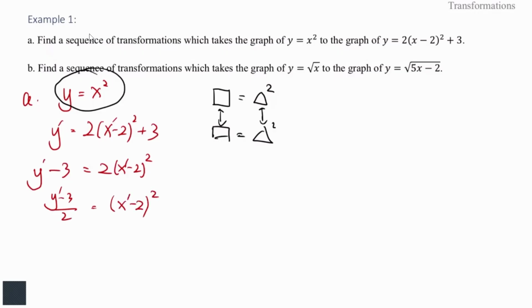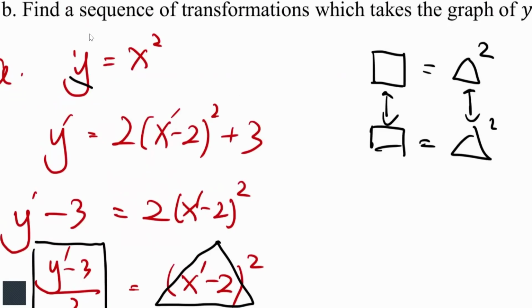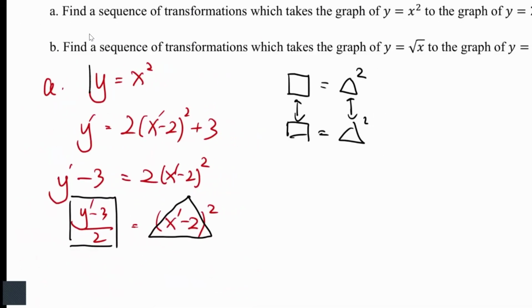Now we move the whole equation into something equals something squared. The original graph is already in the form something equals something squared.